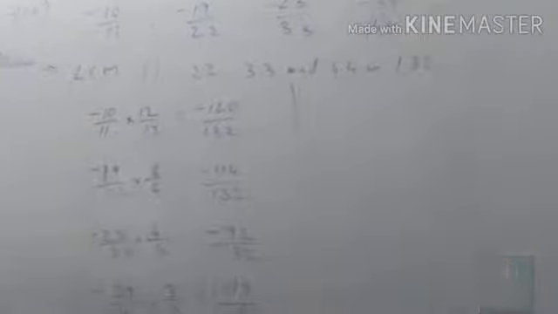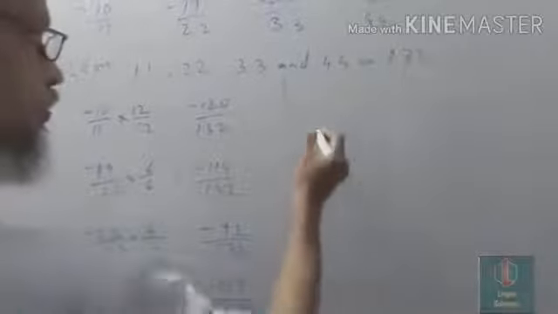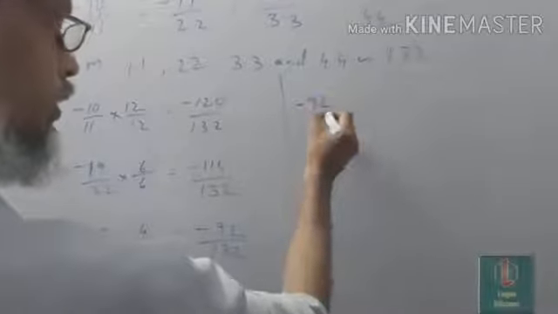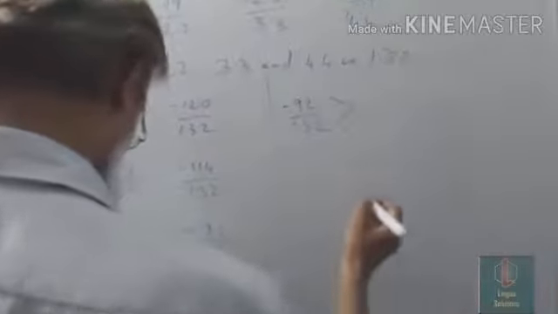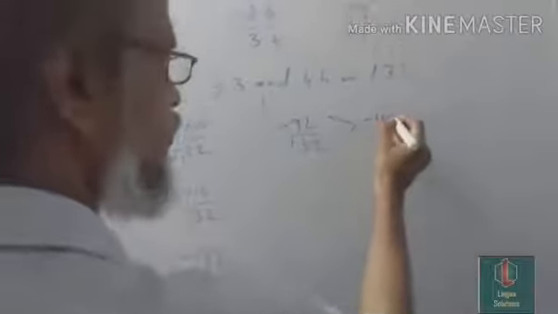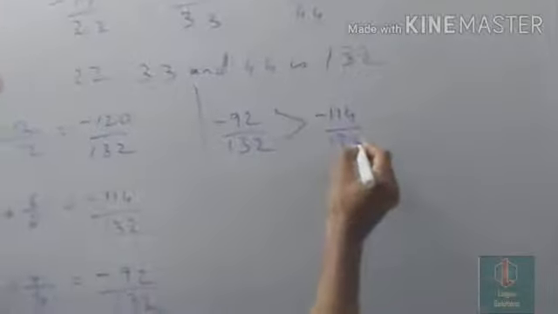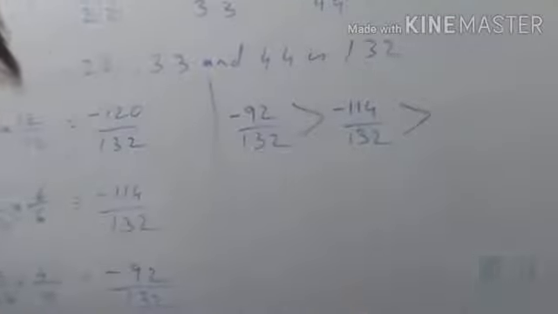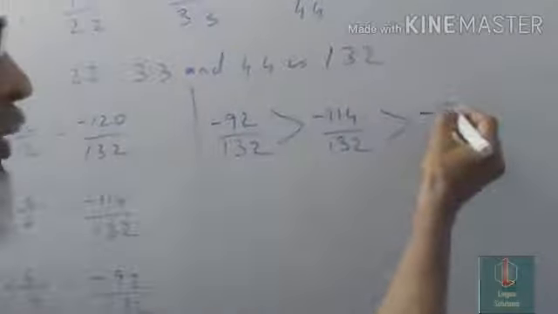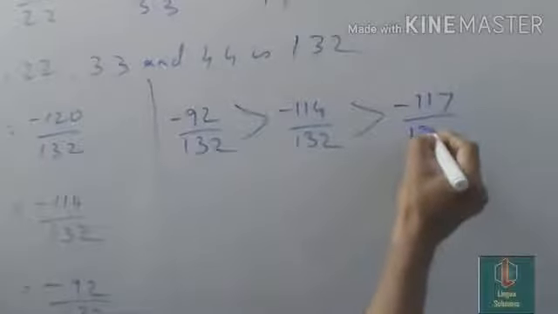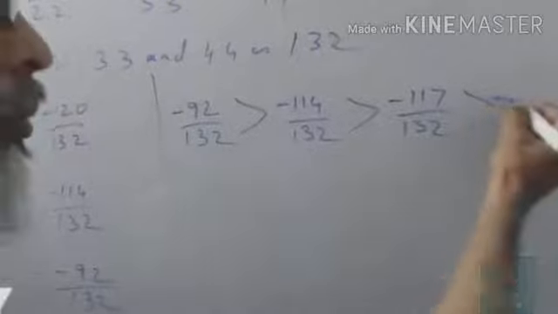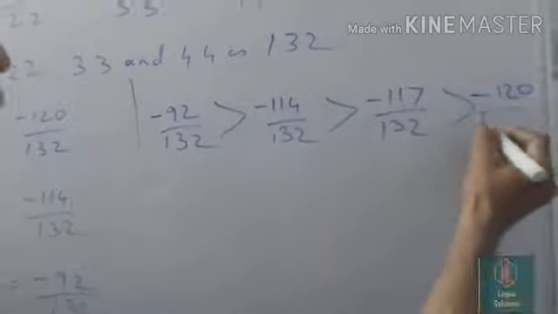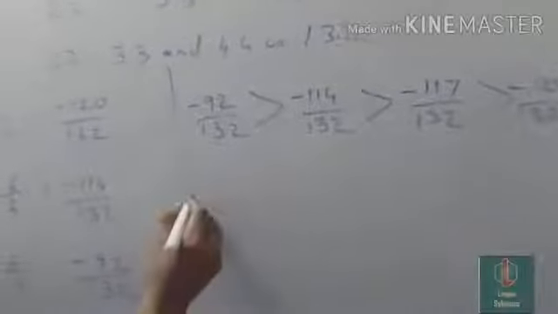Now we will arrange it. We get minus 92 by 132 is greater than minus 114 by 132 is greater than minus 117 by 132 is greater than minus 120 by 132.